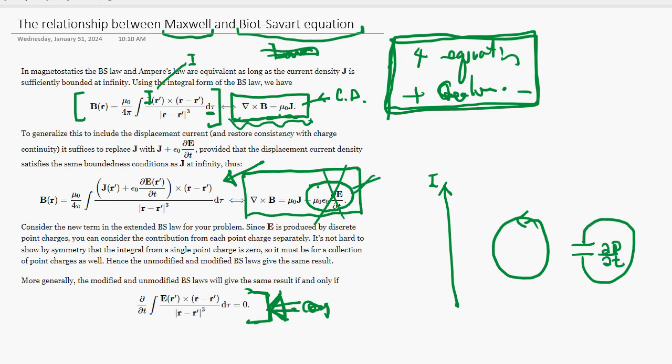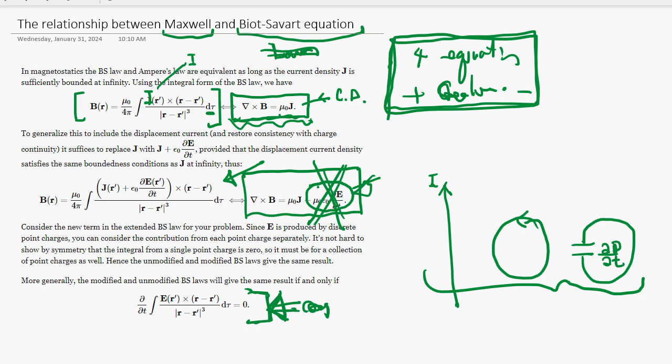This term comes in, so you cannot analyze using the Biot-Savart integral. So we have to know the limitation of the Biot-Savart equation. It's basically one of Maxwell's equations translated into integral form so that we can do actual calculation, but it dropped out this part.